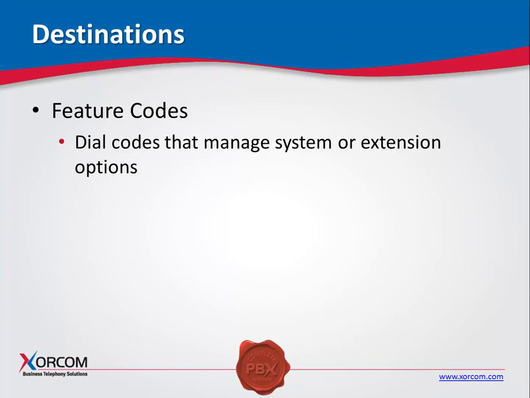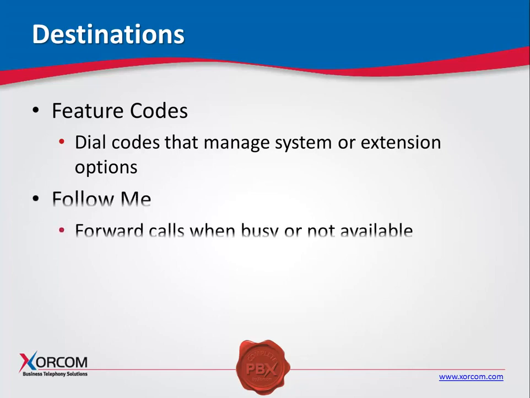Examples include *97, which enables you to check voicemail for the extension, or *65, which allows you to discover the device's extension number. You can use the feature codes that come standard with the system, or define your own, or modify existing feature codes by assigning a different dial number to them.